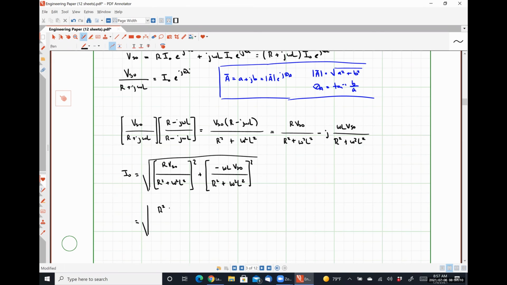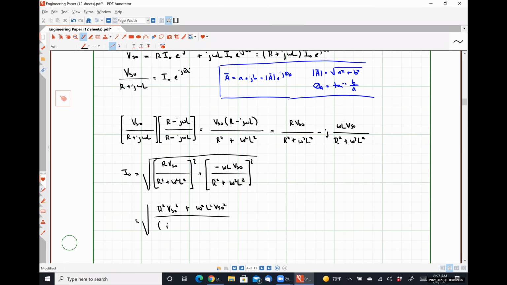R squared Vs naught squared plus omega squared L squared Vs naught squared divided by R squared plus omega squared L squared, quantity squared.